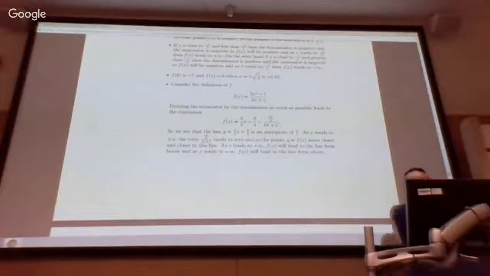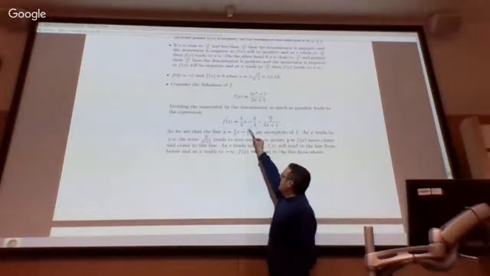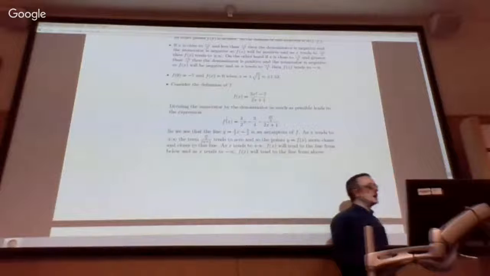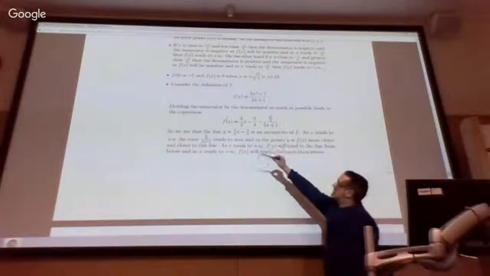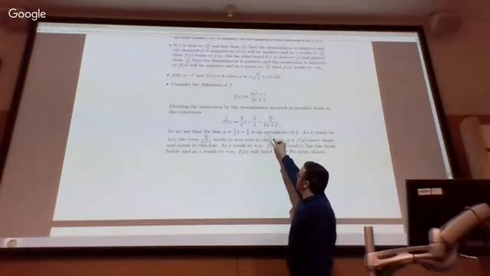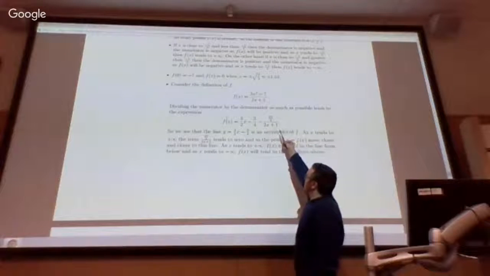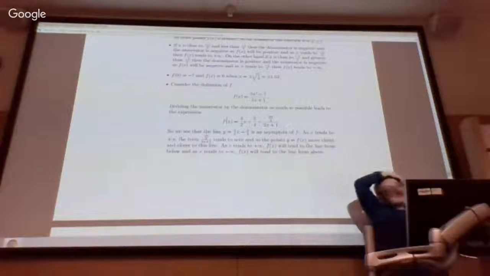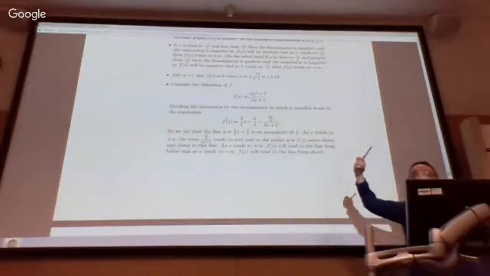That's a line, isn't it? y equals mx plus c. So these first two terms is the equation of a line. So we're expressing f as a certain line plus an adjustment. But the point about the adjustment is it's some number over 2x plus 1. So the adjustment, or the error, if you like, converges to 0 as x gets larger and larger.